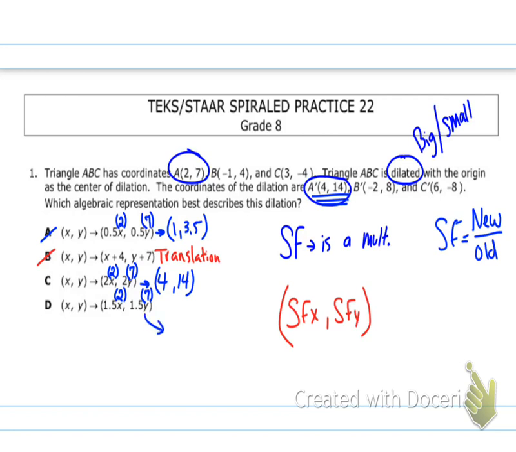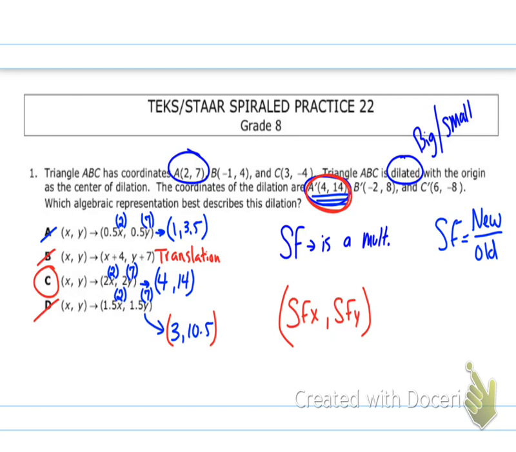So this one here, notice that I don't get the answer that I wanted. I wanted to get this, 4 comma 14, but it doesn't happen. So basically, which is the only option I have left? C.